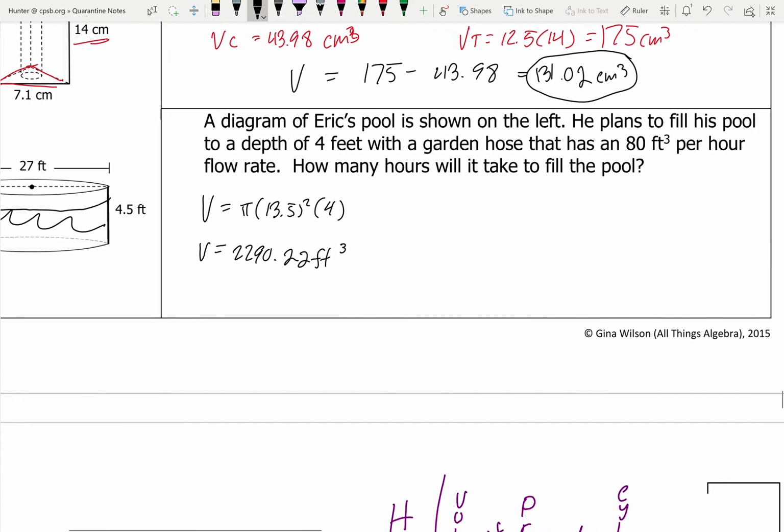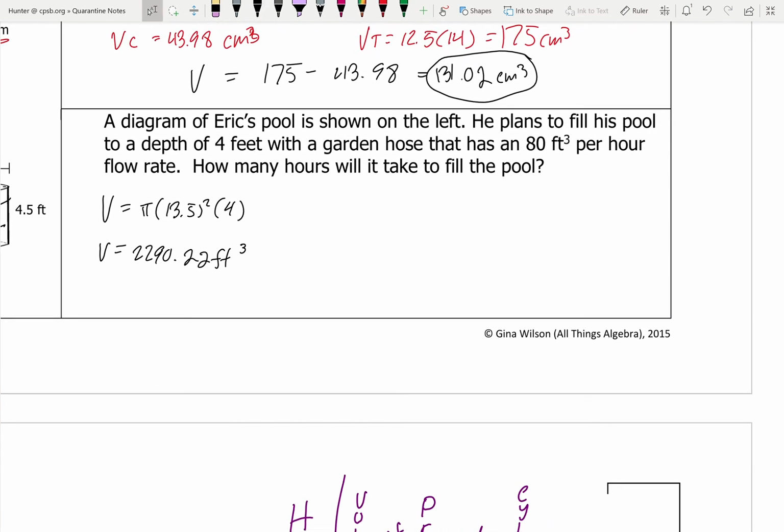All right, so what I'm going to do is I'm going to do this in terms of units, okay? I want to get hours somehow. What I'm given right now is a value in terms of feet cubed, and then I have another value, this 80, and that's in terms of feet cubed per hour. What if I canceled those feet cubes somehow and I can be left with just an hour now?